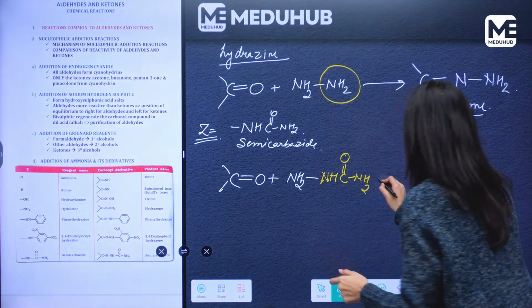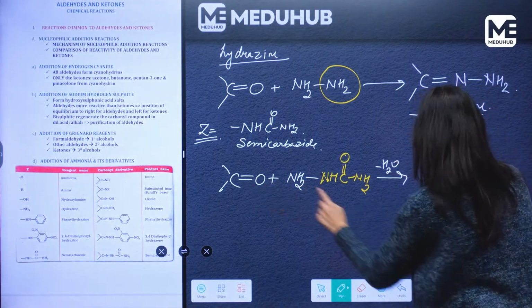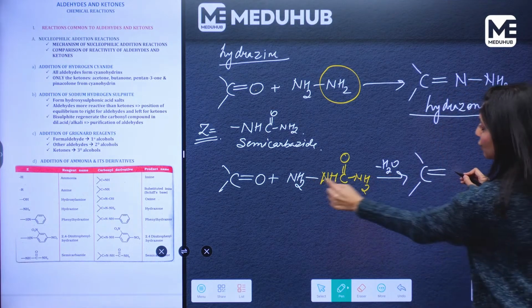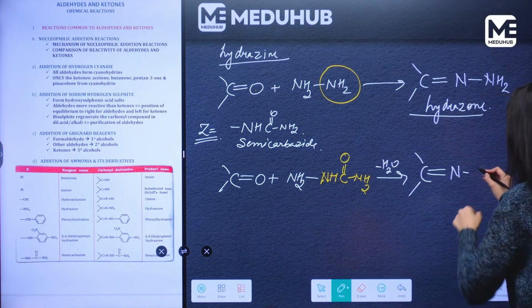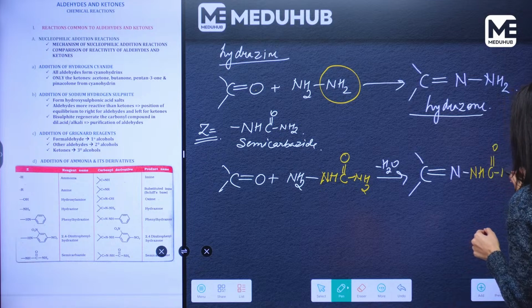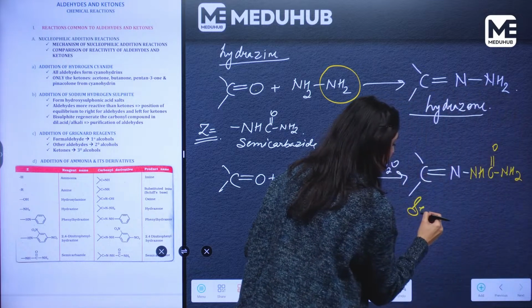Alright. So now a reaction will take place, water will be lost, this carbonyl carbon is here, doubly bonded to this nitrogen and this nitrogen is now attached to this group. This is Z. This product is called a semicarbazone.